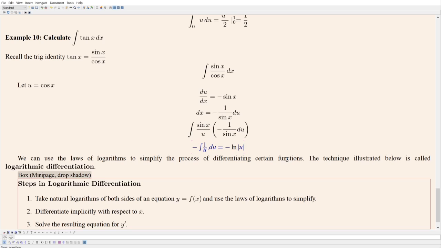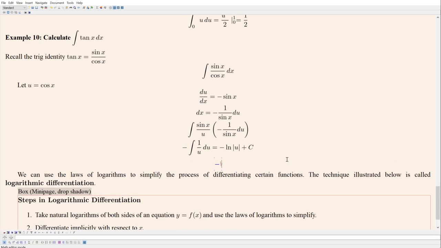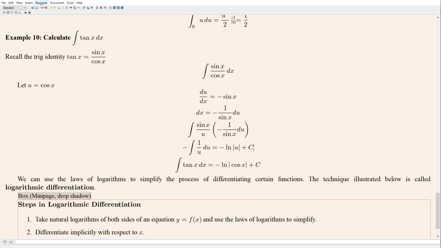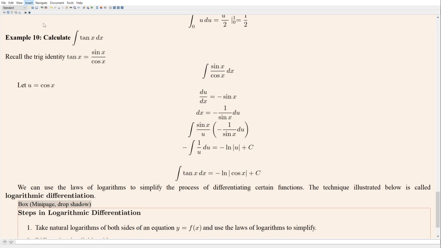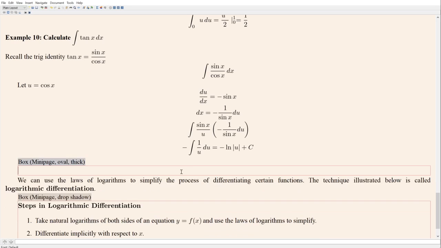Natural log of absolute value. With that minus sign still hanging out. And then finally, to put it back into the original terms, replace u with its original definition, which was cosine. And there we go. And maybe I should put that in a box, because that is nice to know if you ever wanted to know the integral of tangent. I mean, that's an elementary function, right? So we should know their antiderivatives.